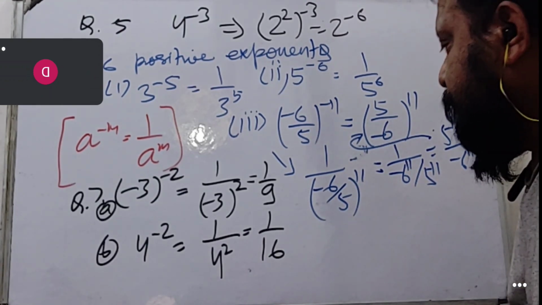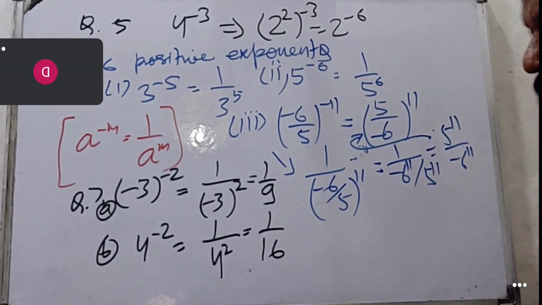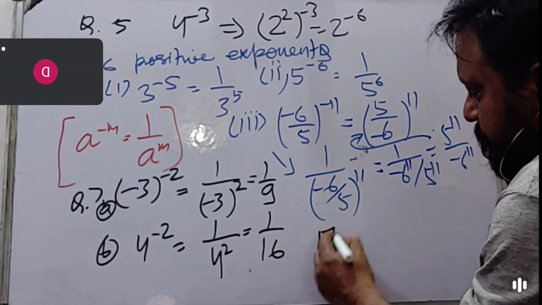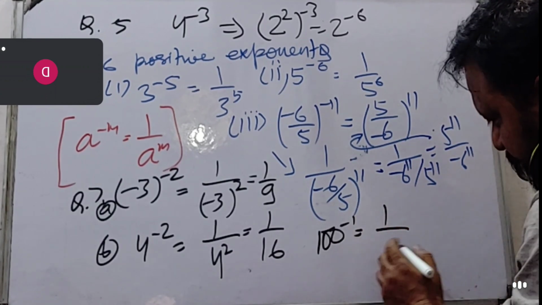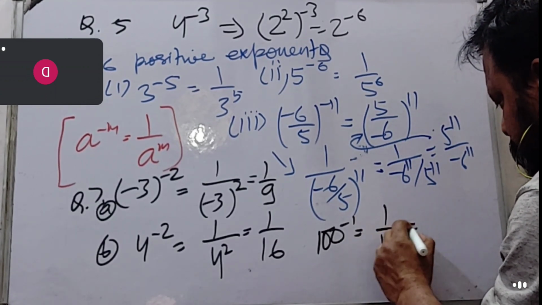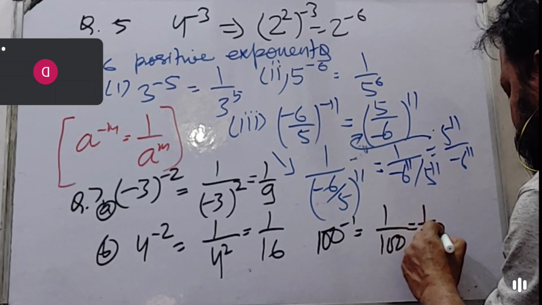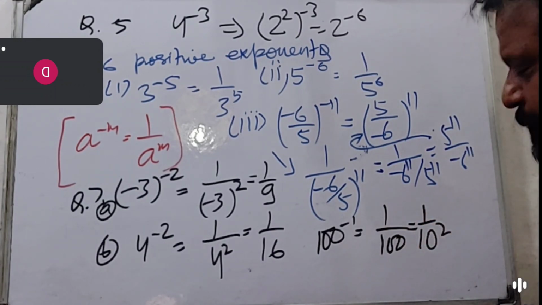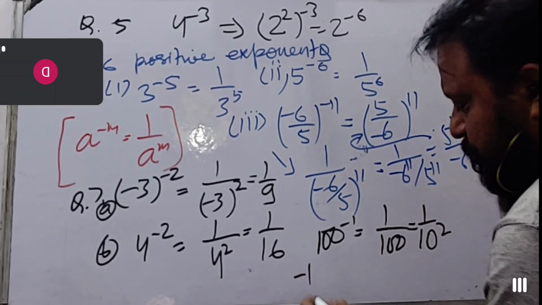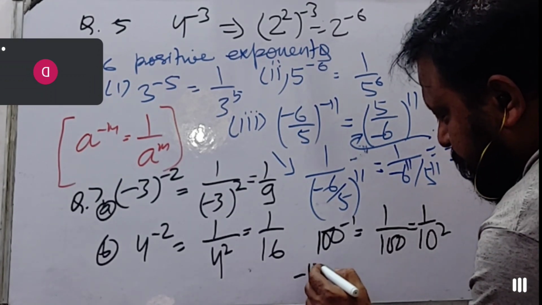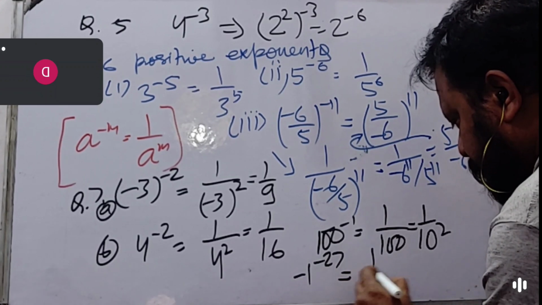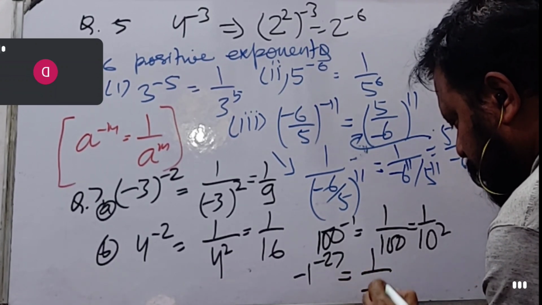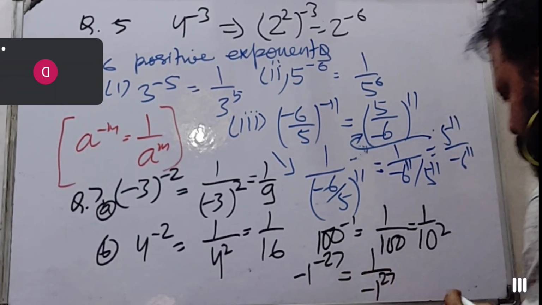So next we have 100 minus 1 is written as 1 upon 100. So it can be written as 10 to the power 2. And next we have minus 1 raised to the power minus 27 is equal to 1 upon minus 1 raised to the power 27.